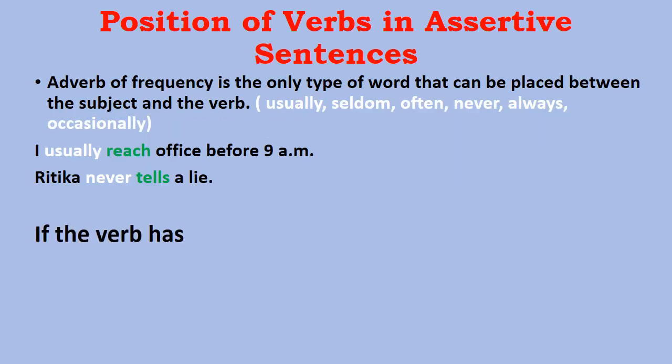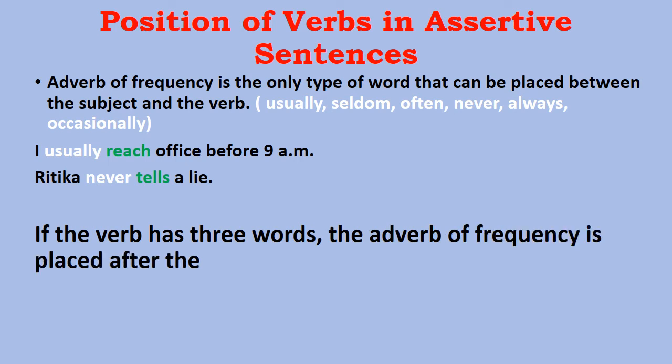But if the verb has three words, the adverb of frequency is placed after the first auxiliary. Because when there are three words, we know there will be two auxiliaries. Now, where to place? Before the first one, before the second one, or before the third one? You have to remember that it is to be placed before the second auxiliary.